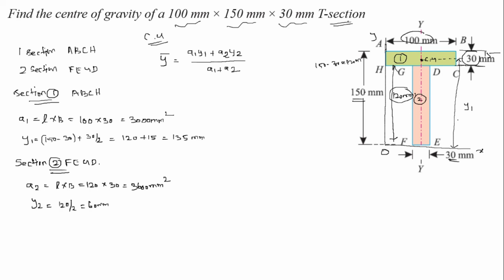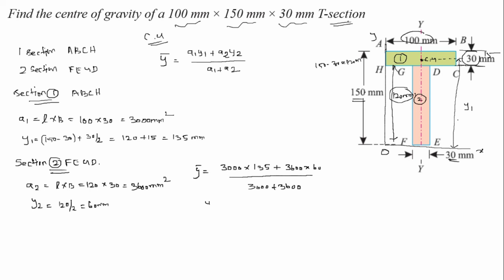Now, substitute the values. y bar is equal to A1, 3000, into y1, which is 135, plus A2, which is 3600, into y2, 60, divided by the sum of A1 and A2, 3000 plus 3600.